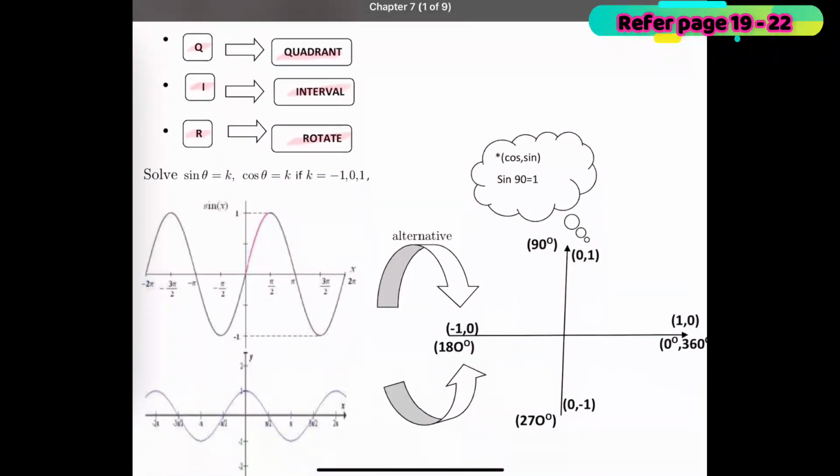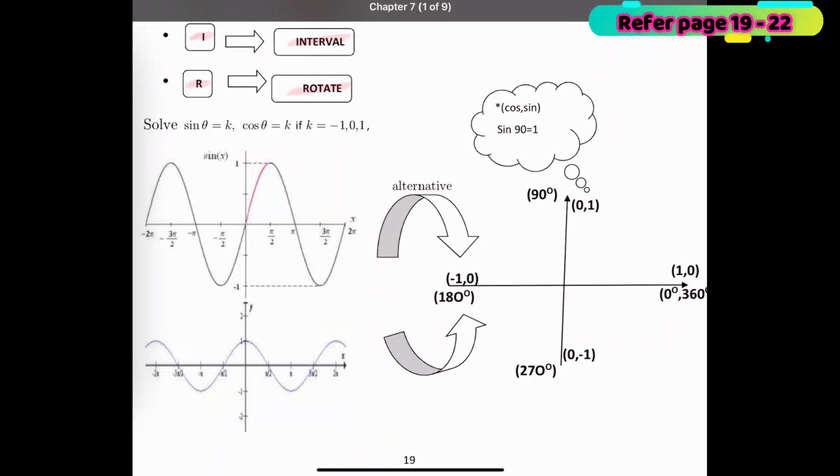We also have special angles that we can get by using graphs. For example, in order to solve sin theta equals k and cos theta equals k, if we have k values of -1, 0, and 1, we can take a look at the graph here.